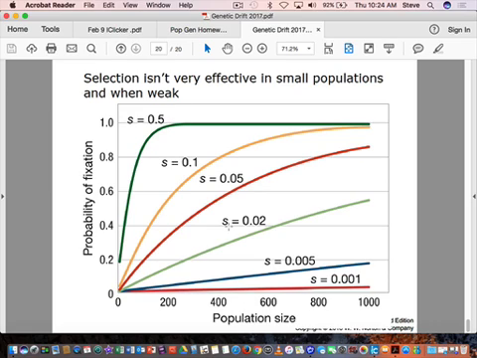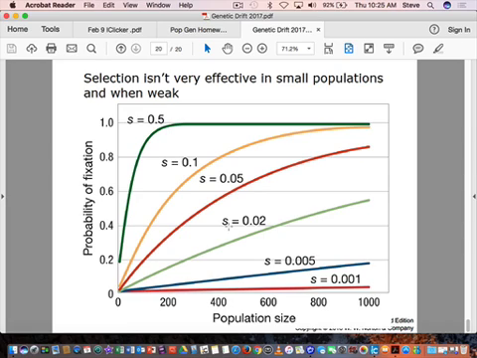I should make that clear. This is the probability of fixation of a favored allele. Sorry, I should have made that clear. It works really well when selection is strong, but do you get fixation of a favorable allele when selection is really weak? And population doesn't even matter.